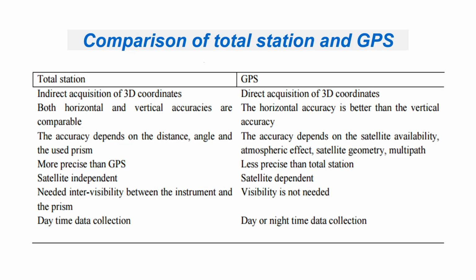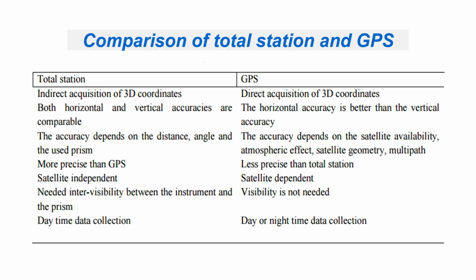On the other hand, GPS equipment makes direct acquisition of 3D coordinates. The horizontal accuracy is better than the vertical one. It's not a good issue because in geodetic works we should measure all coordinates with the same accuracy.